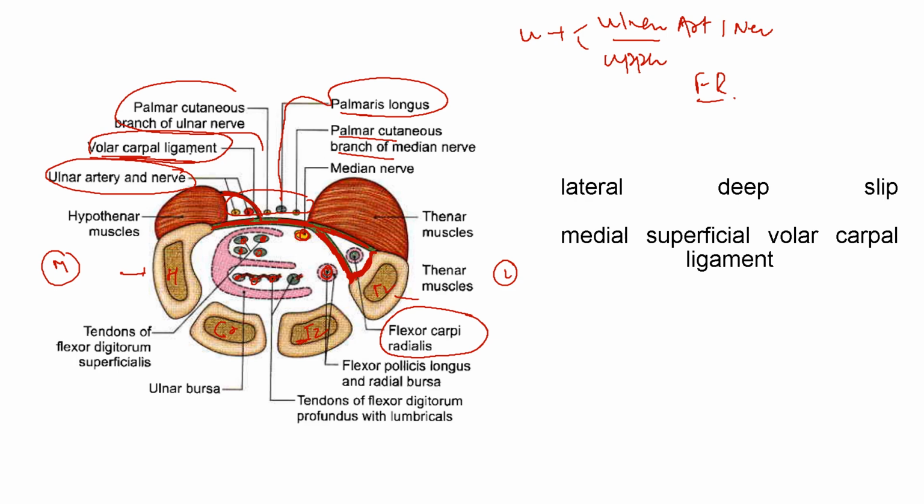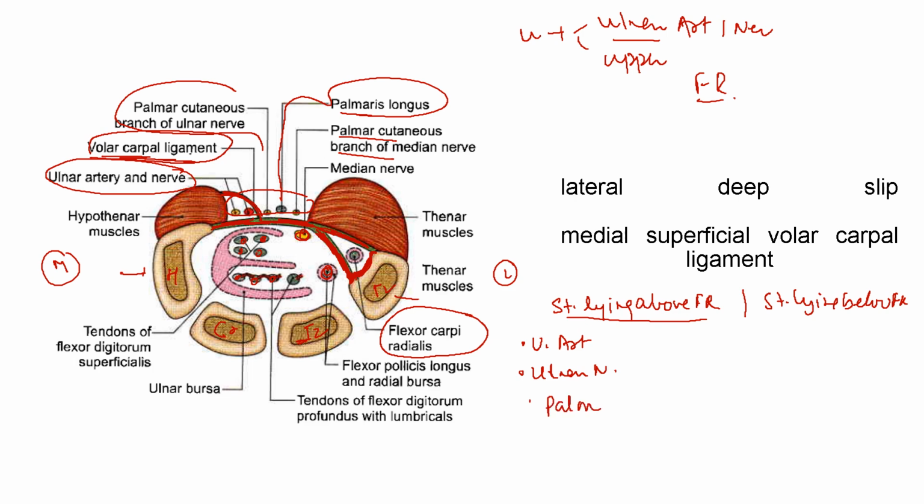So you can see the structures lying above the flexor retinaculum and the structures lying below it. Above the flexor retinaculum: the ulnar artery, ulnar nerve, then the palmaris longus tendon, and also the palmar cutaneous branch of the ulnar nerve and the palmar cutaneous branch of the median nerve.